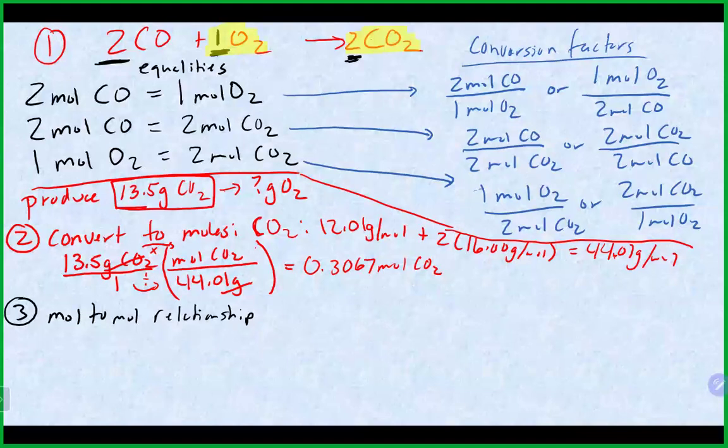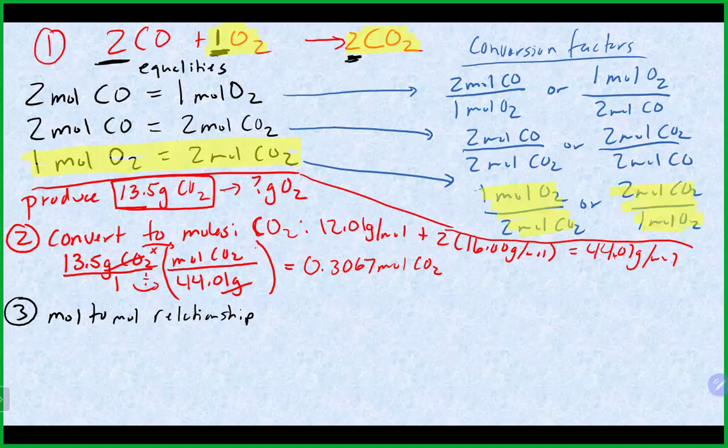That gives me a relationship that we talked about a second ago. It gives me this relationship right here from the coefficients: for every 1 mole of O2 I put in there, I get out 2 moles of CO2. That gives me a choice of 2 conversion factors that I could use in this problem.